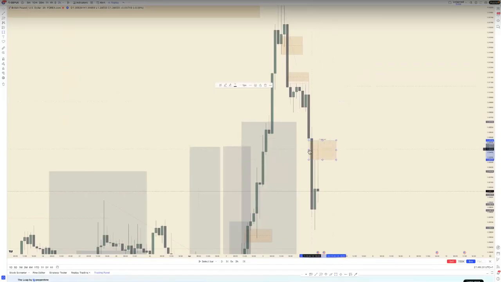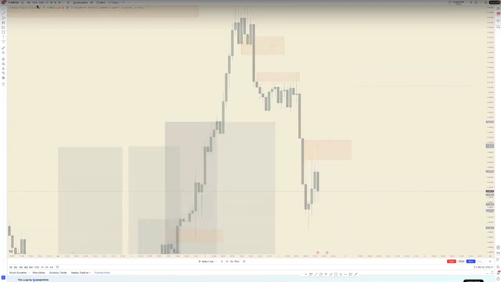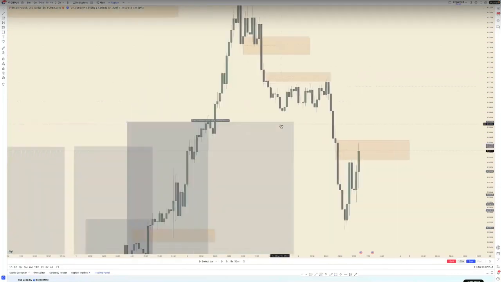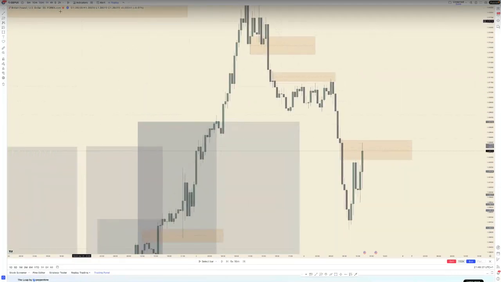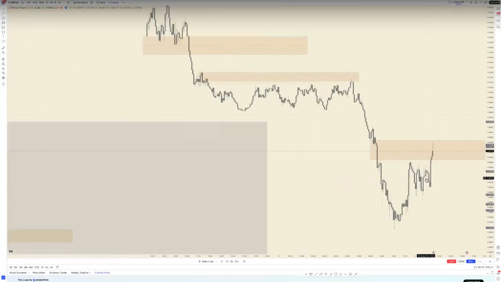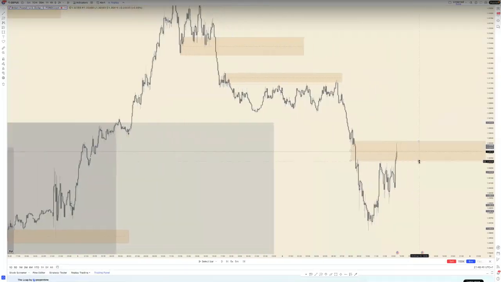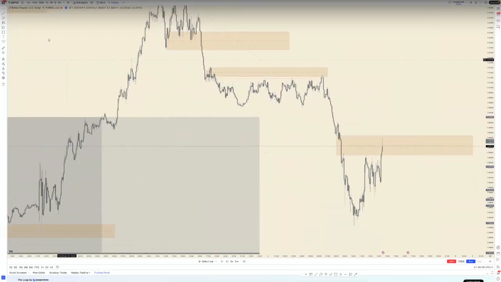I'm waiting for something on this chart. I think I saw this point here. There was something else for me. Yeah, I think I've seen it now.